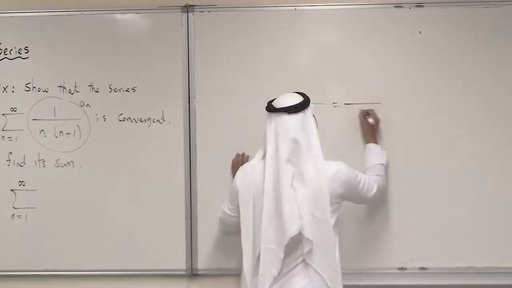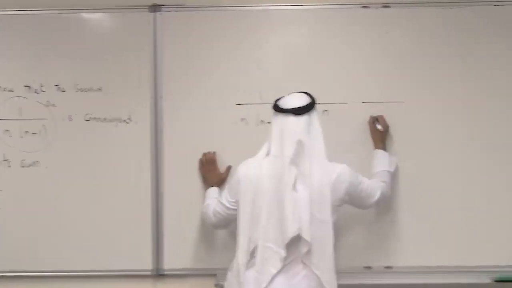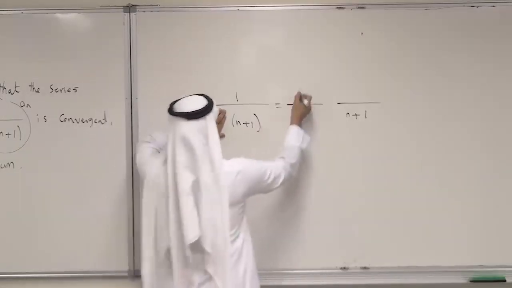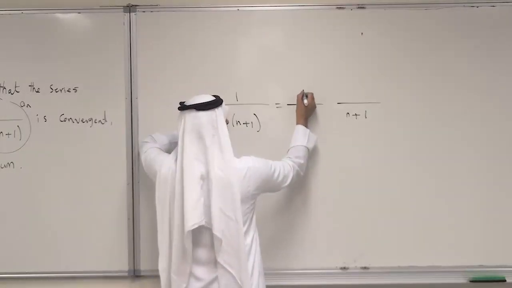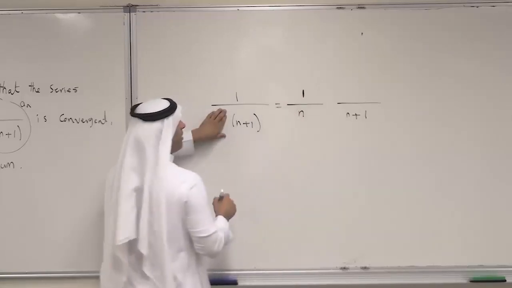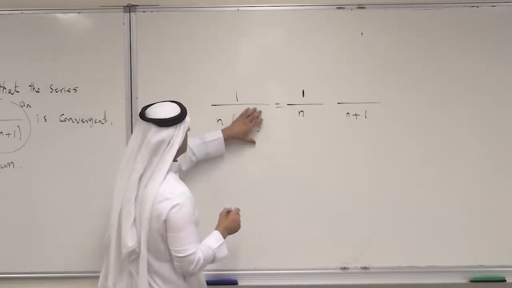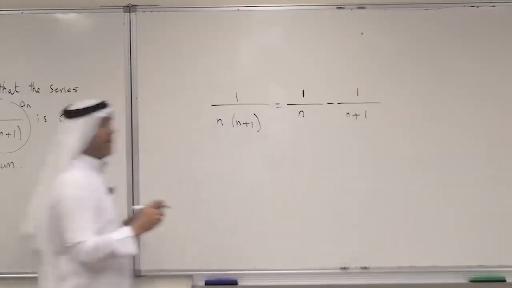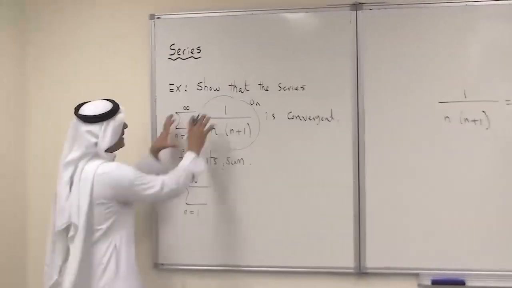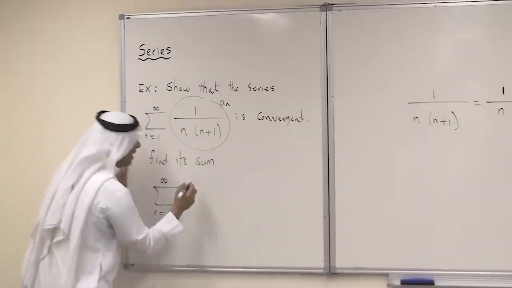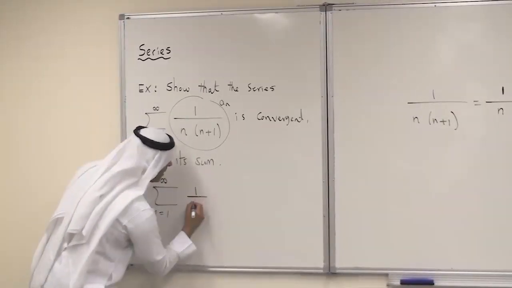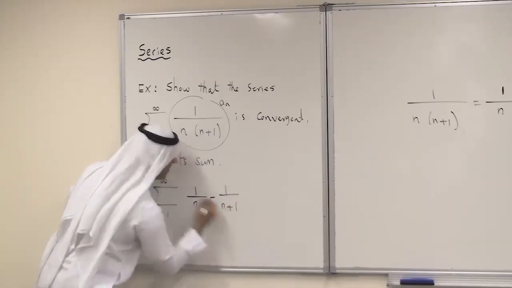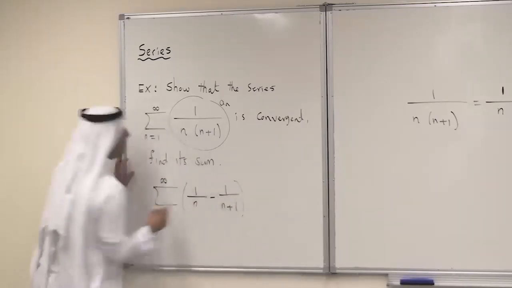So I will write it as something over n plus something over n plus 1. As we did before, we substitute 0 to get the constant for 1 over n, so that is 1. For the other one, I will cover this and substitute minus 1, so I have minus 1 over n plus 1. So I just copy the same thing here, but in a different form: 1 over n minus 1 over n plus 1. Fine. This is what we are trying to investigate here.